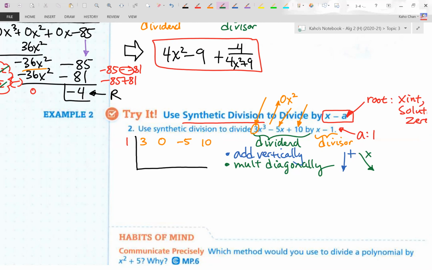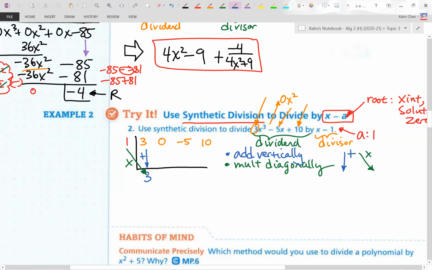So what are we talking about here? So step 1, add vertically. So take the first coefficient and add vertically. Bring it down. We're going to add the 3 just straight down. That goes down to here. Bam. Step 2, multiply diagonally with the a value. So I'm going to multiply 1 times 3 right there. 1 times 3 is 3.